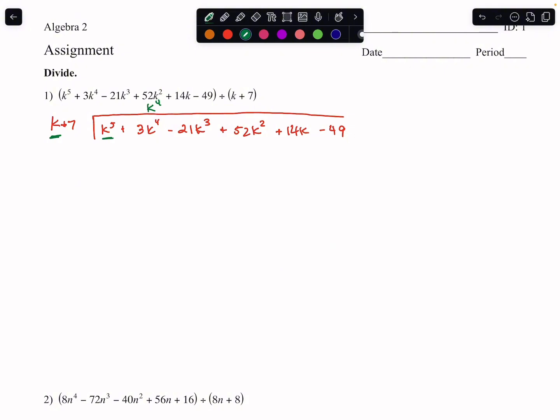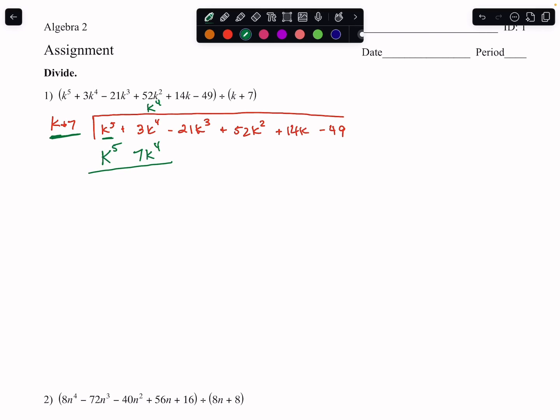So I did my dividing. That was 1. Placing k to the 4th was number 2. Now I'm going to multiply this k times all of this. So k times k to the 4th is k to the 5th. k to the 4th times 7 is 7k to the 4th. All that was positive. The very next step says to change your signs.